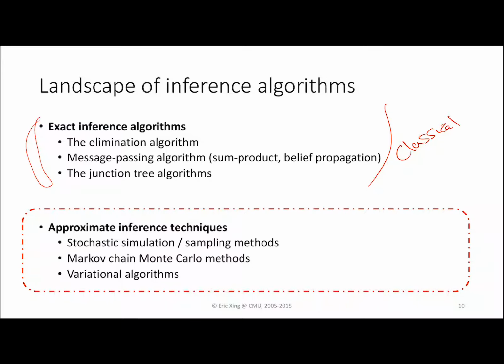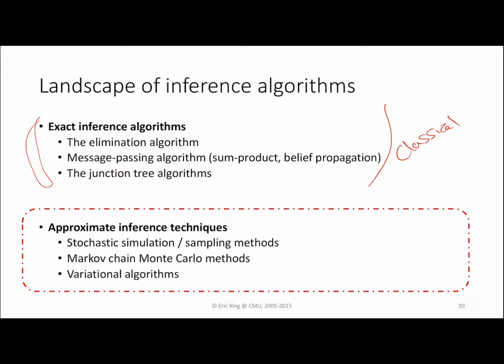In terms of research, most of the research nowadays focuses on approximate inference, which in general comes in two categories: optimization-based inference, which we'll talk about in module 4 of the class, and sampling approaches. There is a lot of exciting research being done.